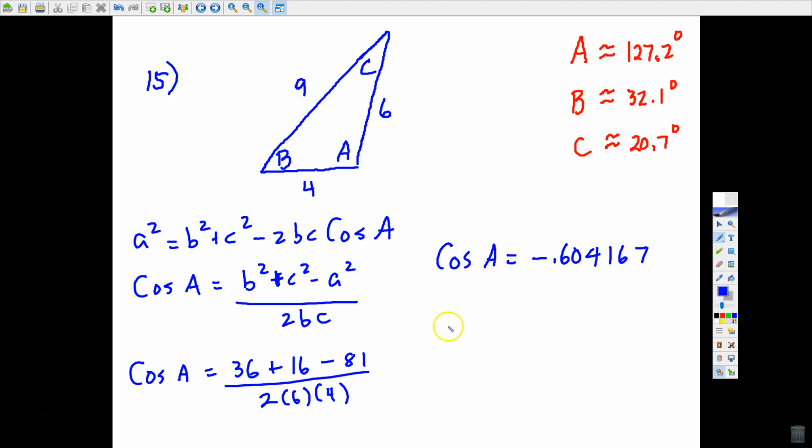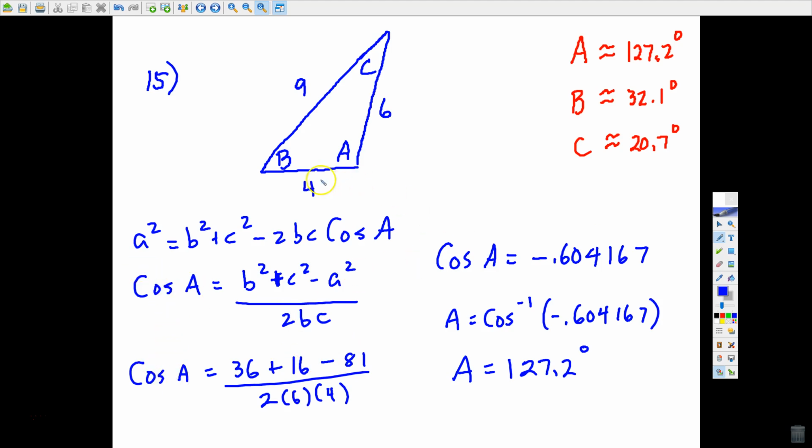I'll just round it to 7. So now let's do the inverse cosine of that number and see what we get. And rounded, our angle A is 127.2 degrees.